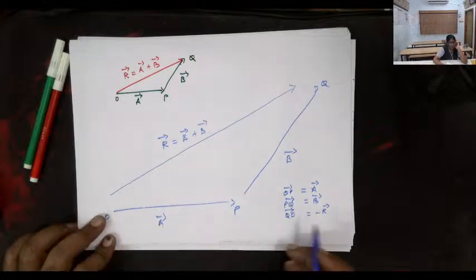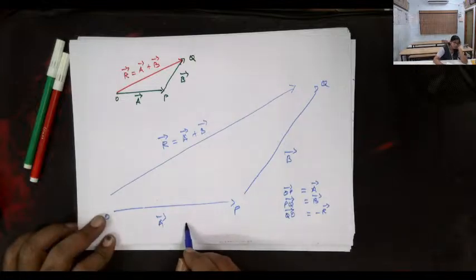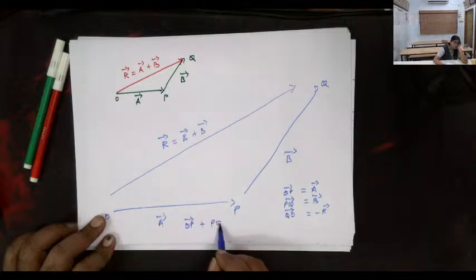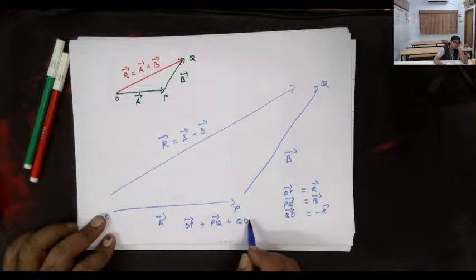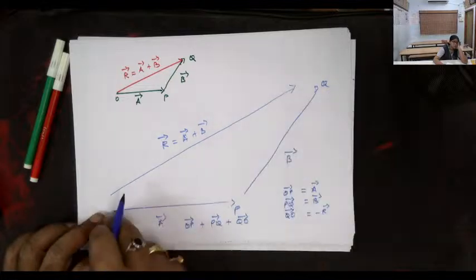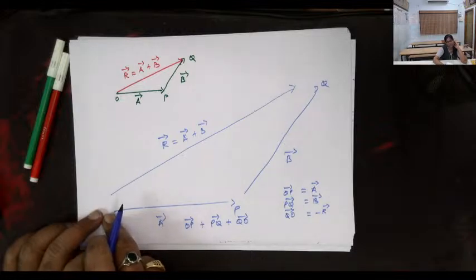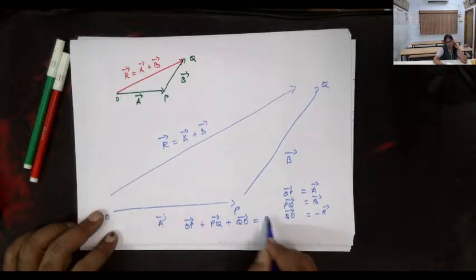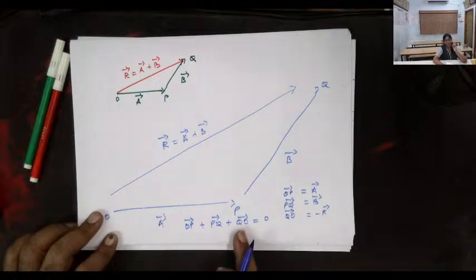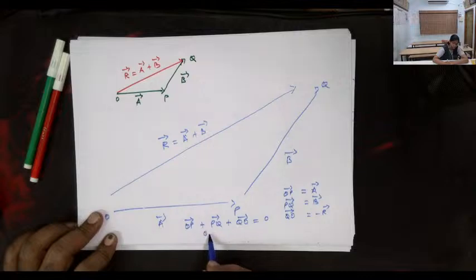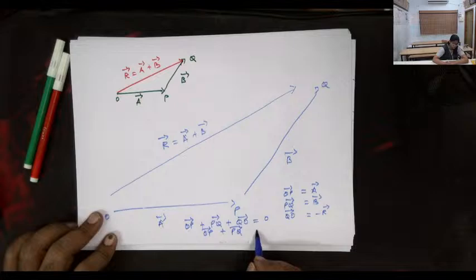You know very well, by adding OP vector plus PQ vector plus QO vector, you have reached the same starting point. So the net is zero displacement. You can bring this QO to the other side. Therefore, OP plus PQ is equal to minus QO.